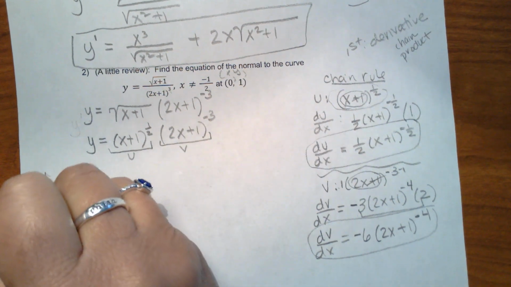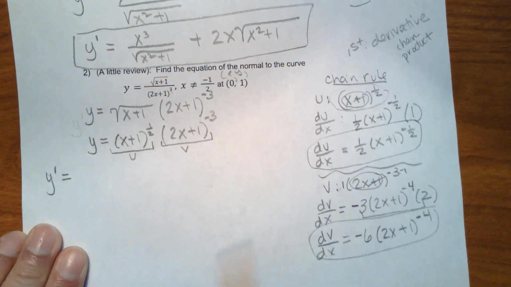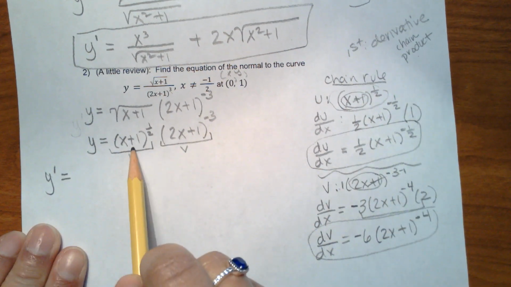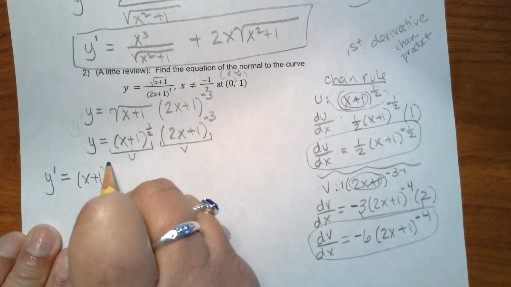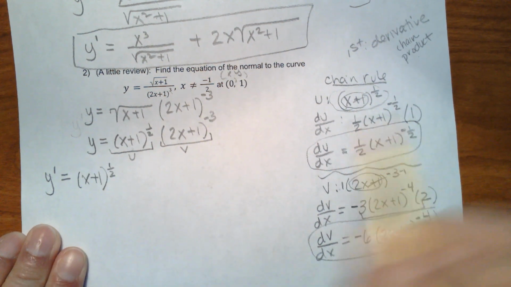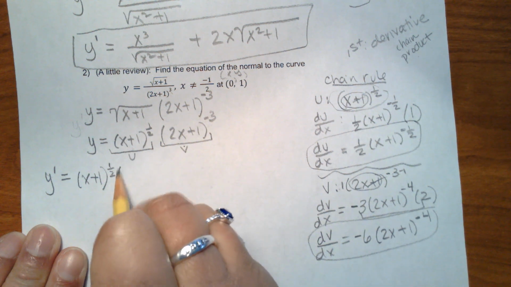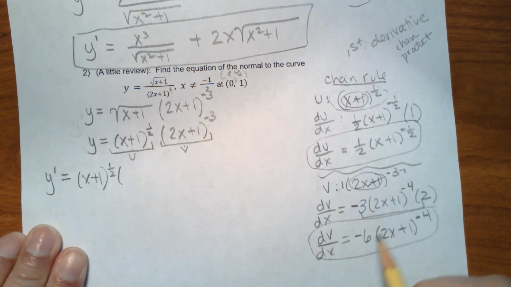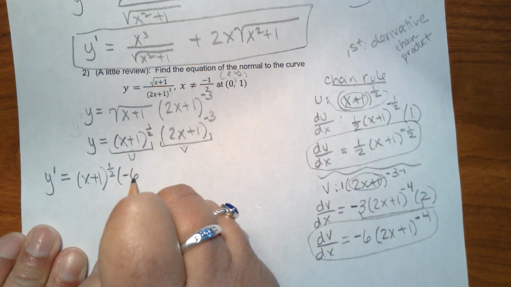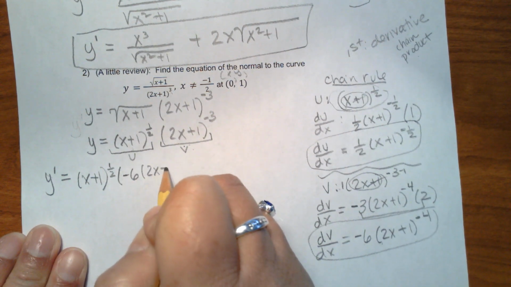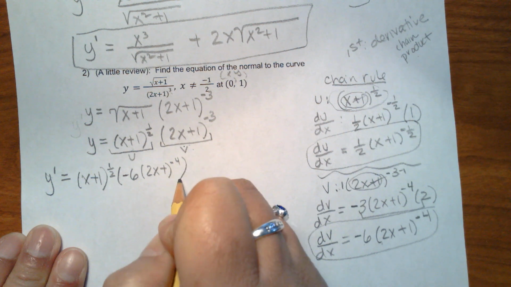Okay, so y prime equals, when we use the product rule, we keep the first one the same. We keep u the same, x plus 1 raised to the 1/2. Then we take the derivative of the second. We come down here, that's the v. We're going to put this in: negative 6 times 2x plus 1 raised to the negative 4.